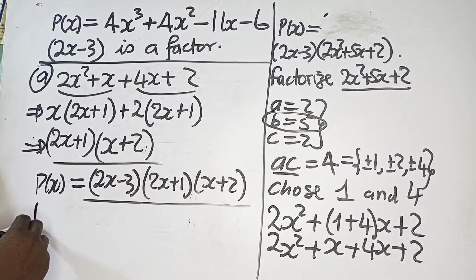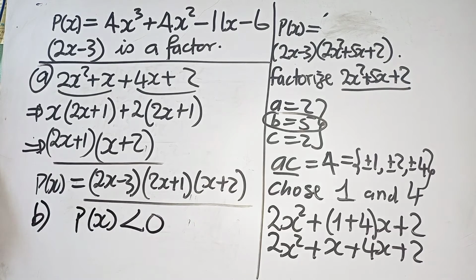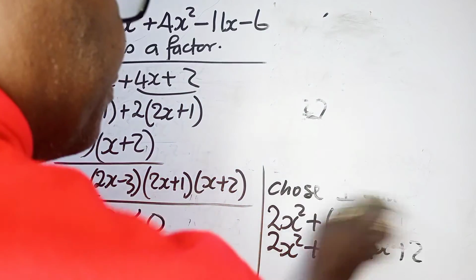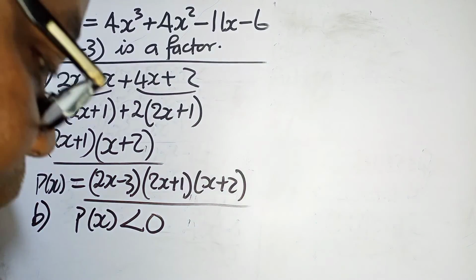Now the second part of our question, it says solve the inequality P of x less than 0. How do we solve that? The inequality P of x less than 0. Now, let's look at it.